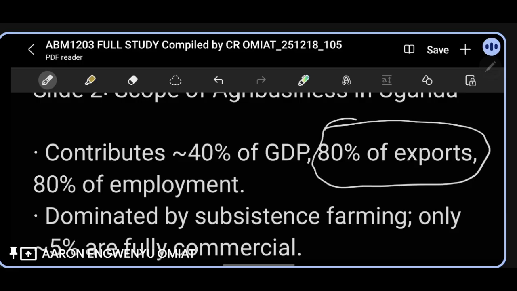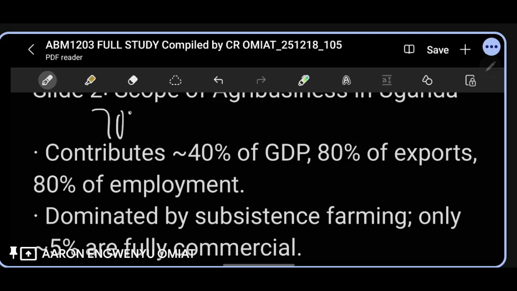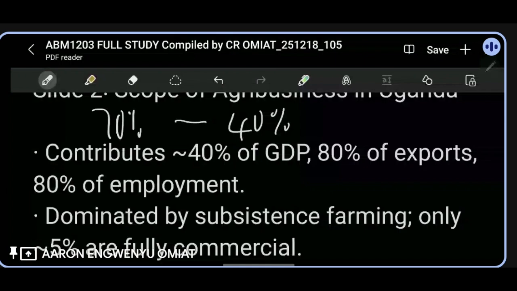Agriculture contributes 80% of exports, which makes sense. You know, Uganda's biggest export is coffee, among other crops. So 70% of people are working to only produce 40%. That means they're not doing well. If in our class of 100 students, 70% of students are working and they're only giving 40% of output, that would be unserious.